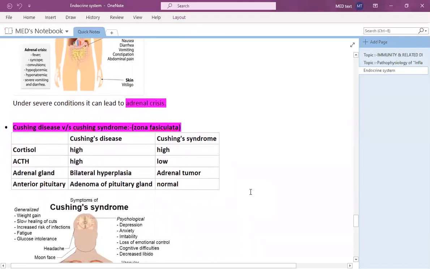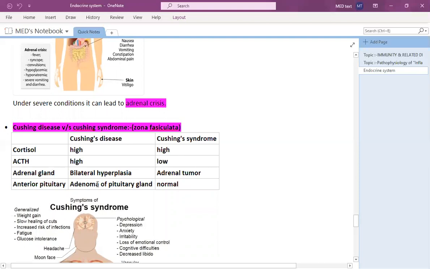In both Cushing's disease and Cushing syndrome, the cortisol level will be high, whereas the adrenocorticotropic hormone level in Cushing's disease will be high, and in Cushing syndrome it will be low. Why is it so? Because there is a tumor in the anterior pituitary gland.